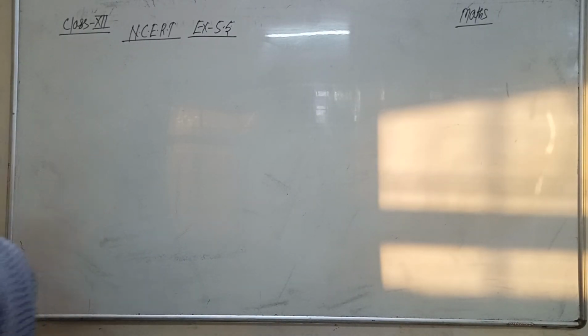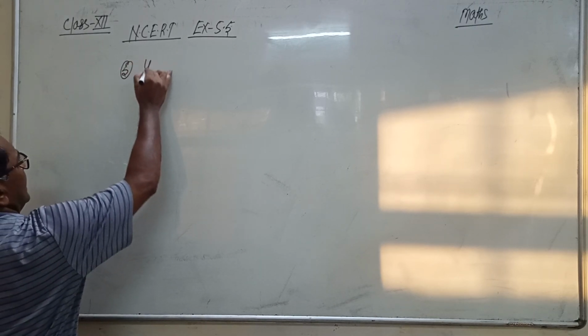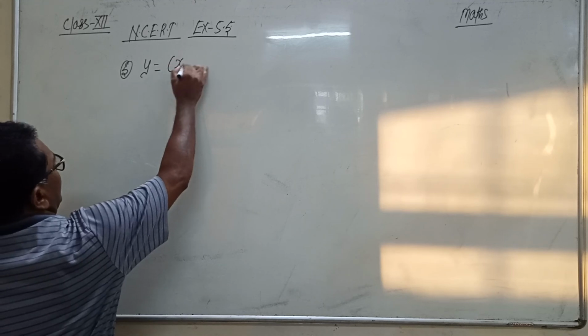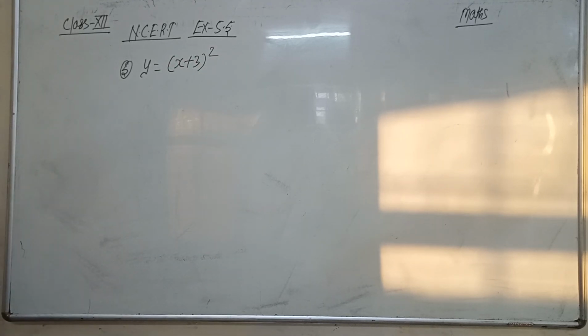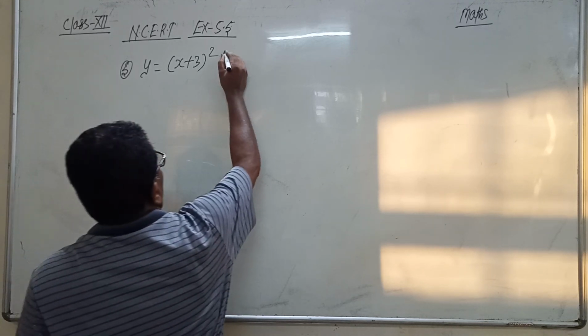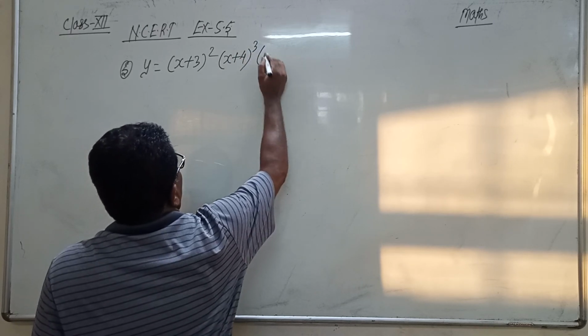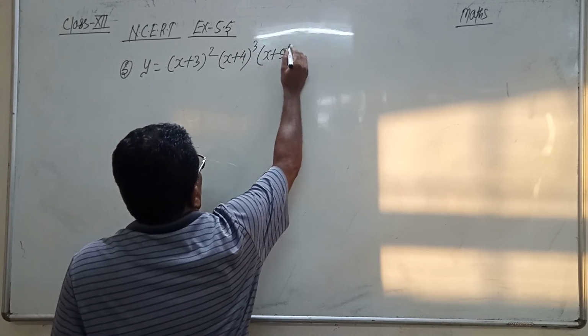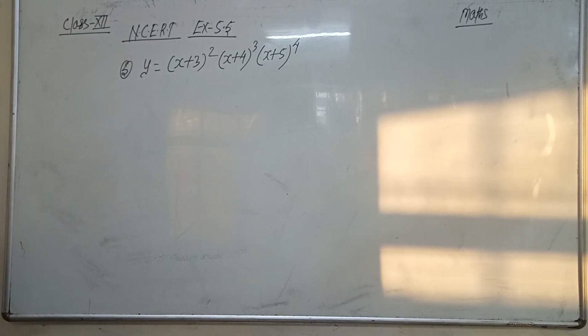Question number 5. y equals (x plus 3) the whole square, (x plus 4) the whole cube, and (x plus 5) the whole power 4. Again we take log both sides.